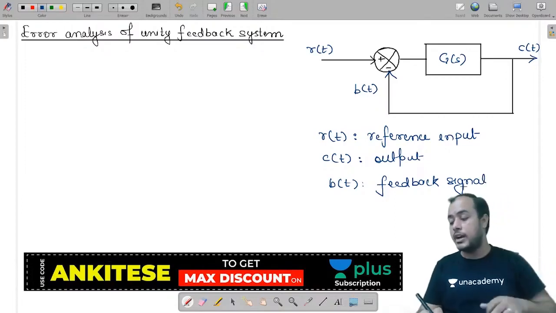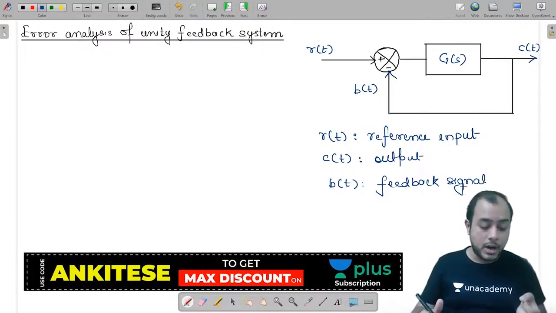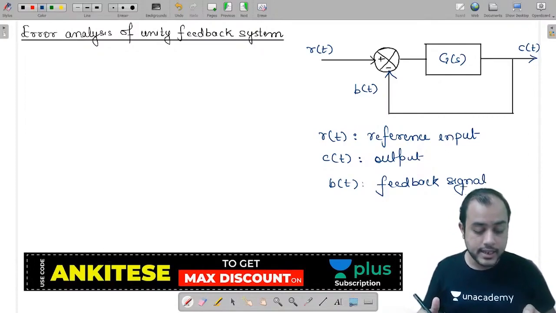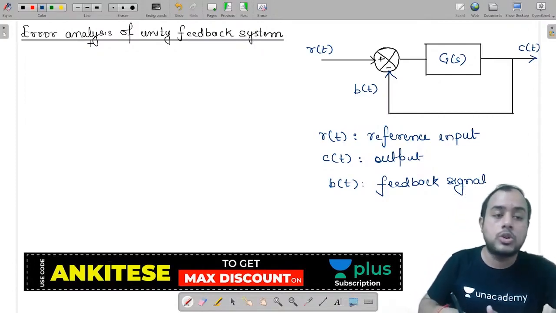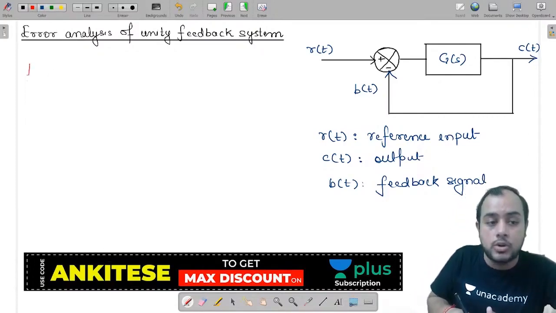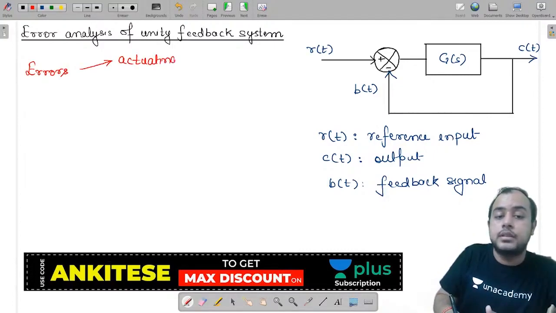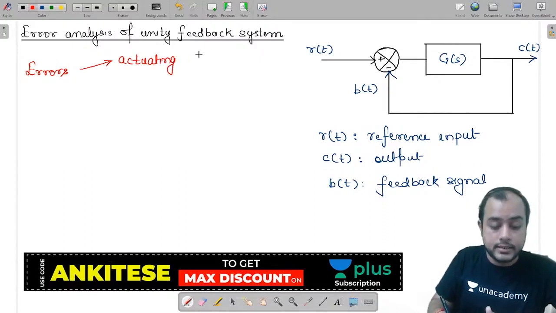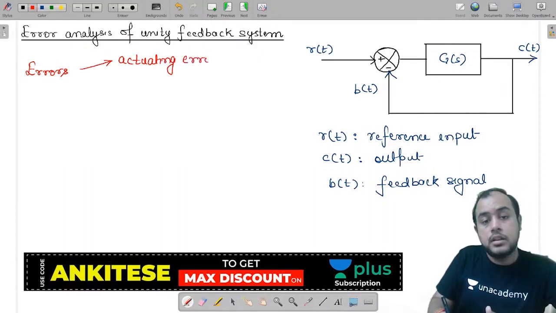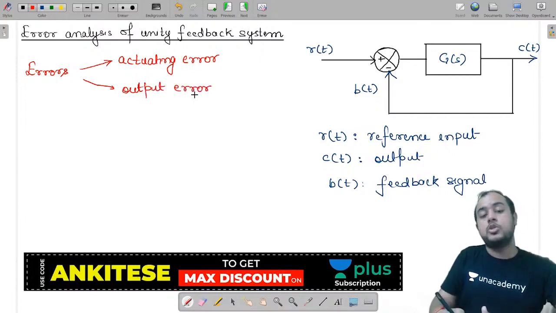Now my friend, when we study about error, we talk about two types of errors. The first error is called actuating error. And the second error is output error.